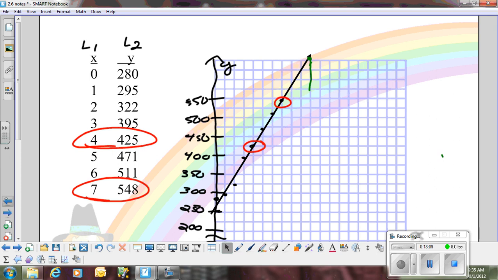Get it figured out? Just push enter. Okay.